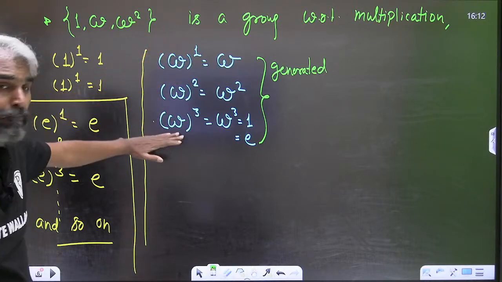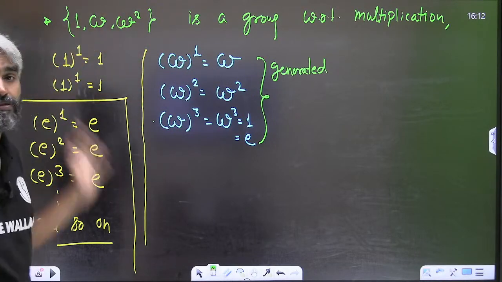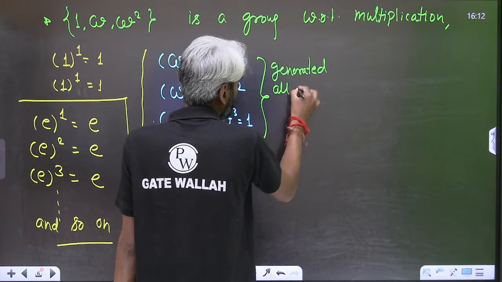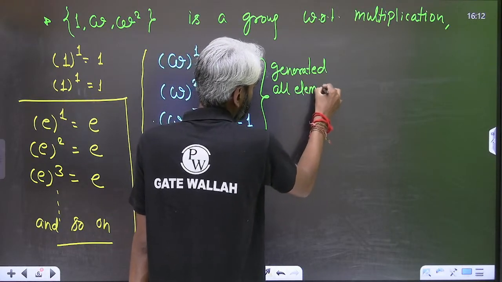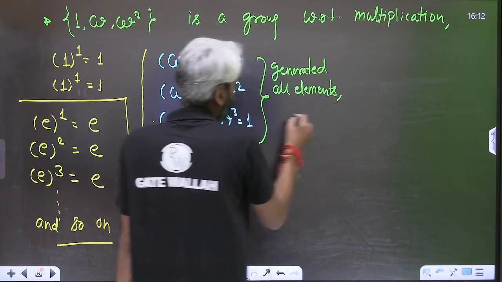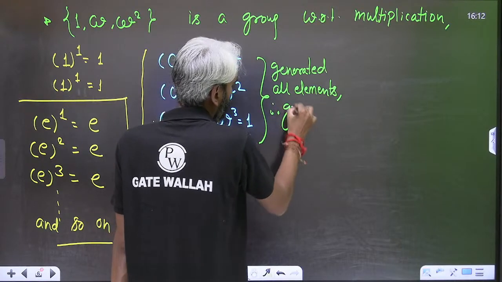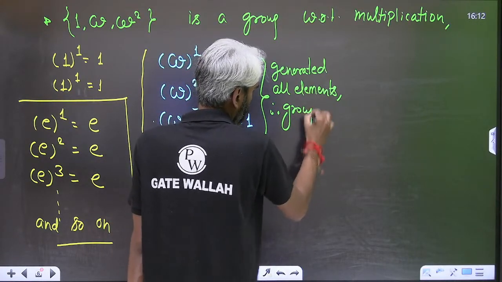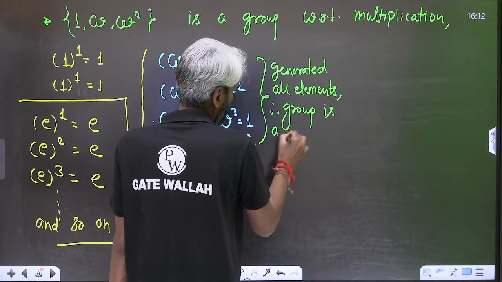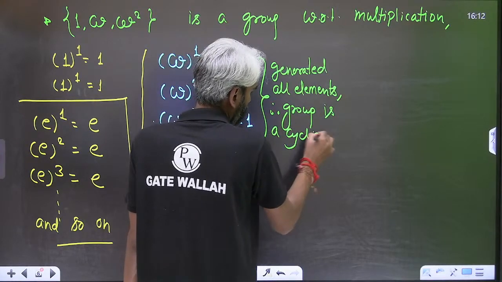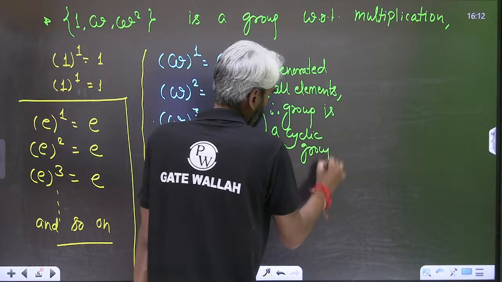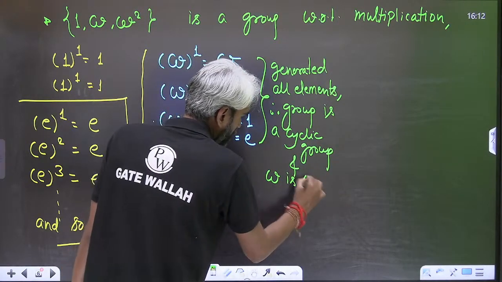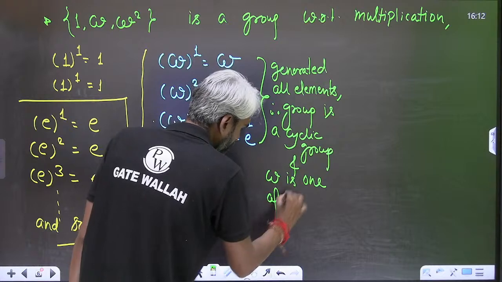So omega becomes the generator and this group becomes a cyclic group, and omega is one of the generators.